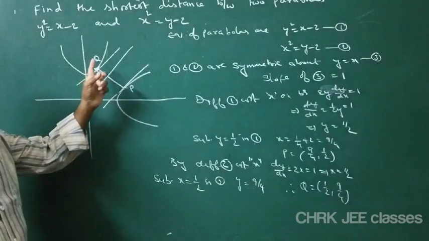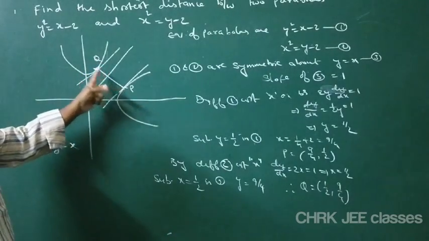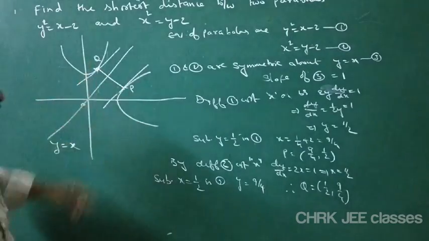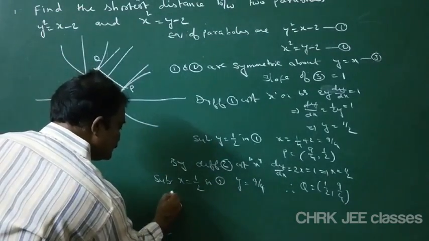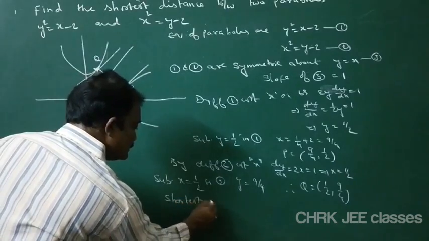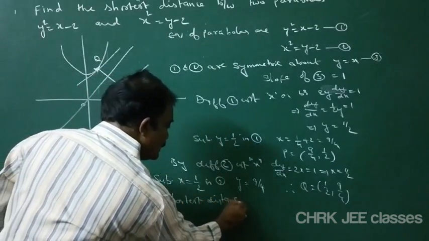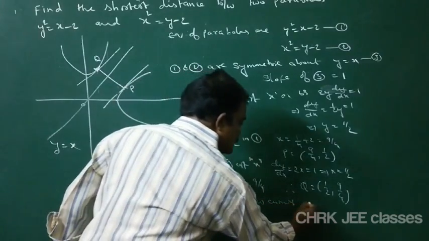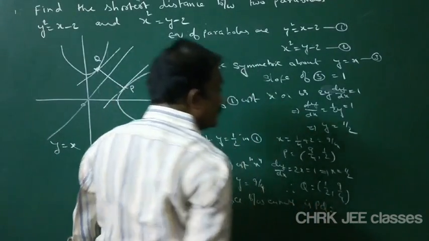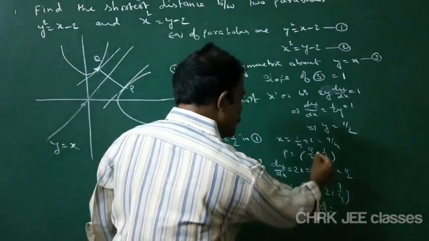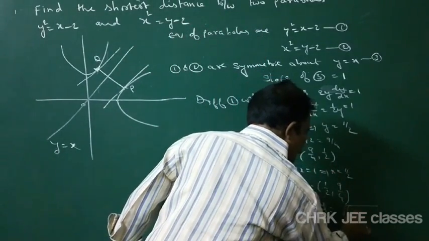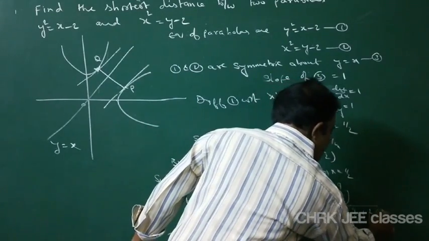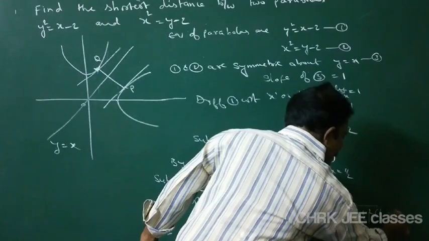What I said, the shortest distance lies along the common normal. This is the common normal. This length PQ is the shortest distance. Therefore, the shortest distance between the curves is PQ, that is equal to root over (9 by 4 minus 1 by 2) whole square plus (1 by 2 minus 9 by 4) whole square.